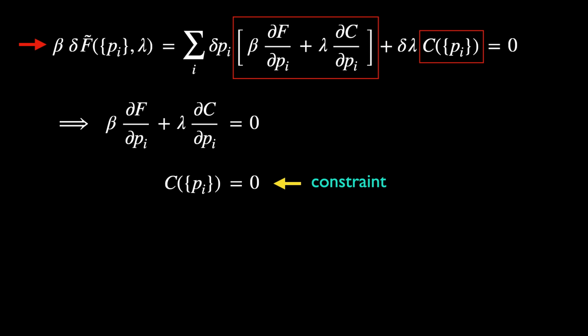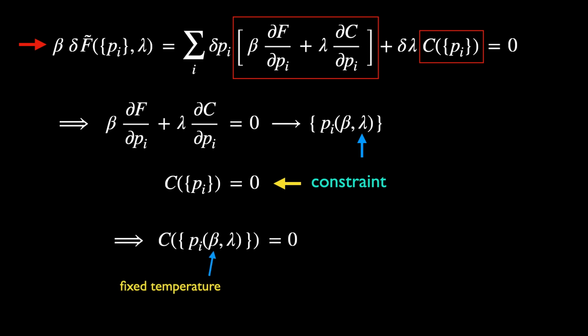Solving the first set, we have the probabilities as functions of beta, which is the temperature parameter, and lambda. These probabilities are not yet normalized. The purpose of this lambda is to help satisfy this constraint. The constraint equation can be used to express lambda in terms of beta.